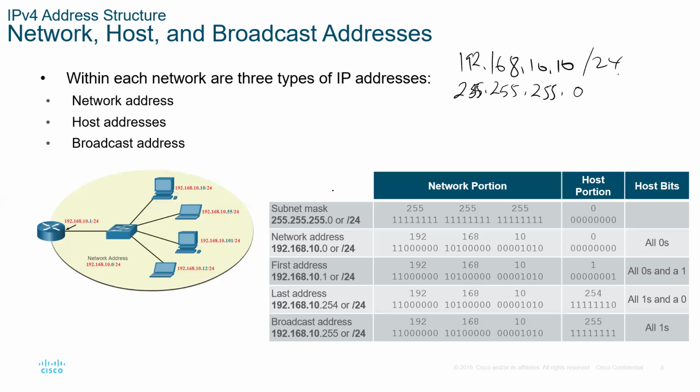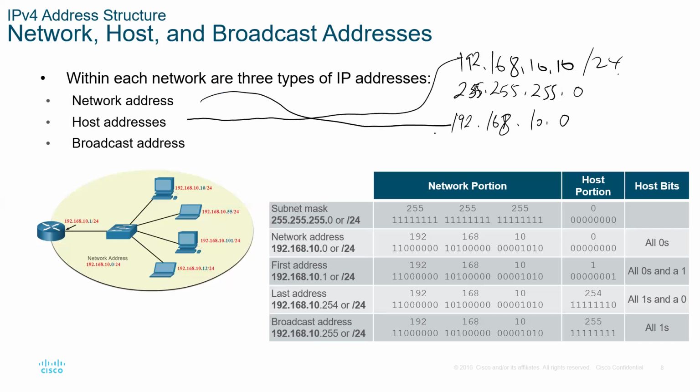That is my subnet mask. A combination of my host address and my subnet mask gives you my network, 192.168.10.0. So this is my host address, and this is my network address.